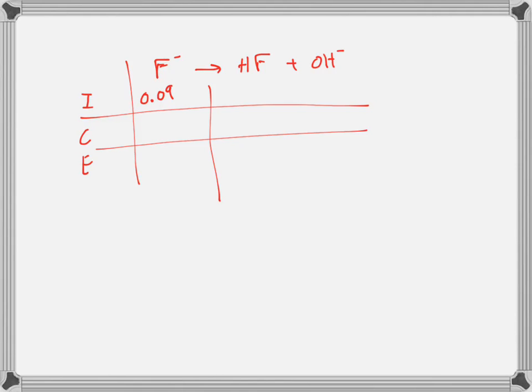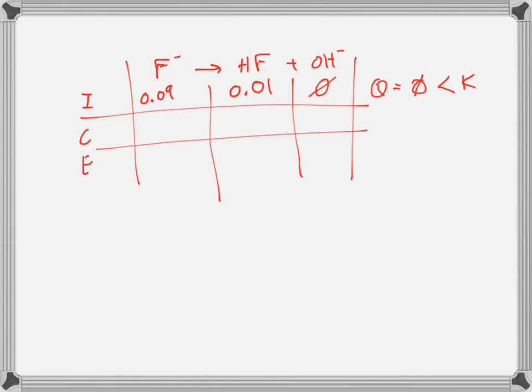What's our initial concentration of HF? Okay. Now we can go through which way does our equilibrium shift. What's our Q value? 0, which by definition is what in comparison to K?